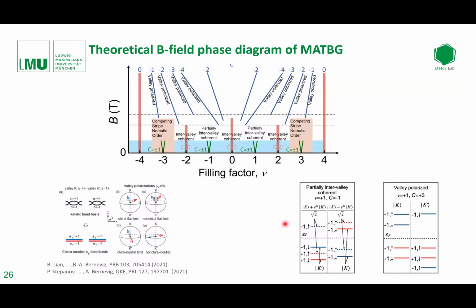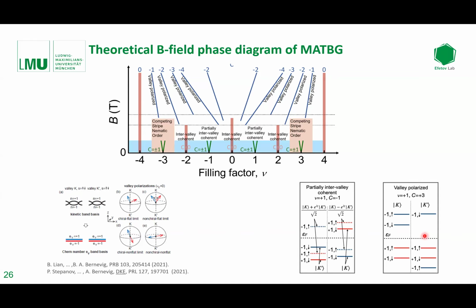In particular, it turns out that at large magnetic fields, most of the time, the system tips over into a very stable valley polarized state. Valley polarized means that the K and K prime quantum numbers are filled differently below the Fermi energy, where the occupancy can tip over and prefer K prime. And this type of valley polarized state is the one which at high magnetic fields prevails all of the time.